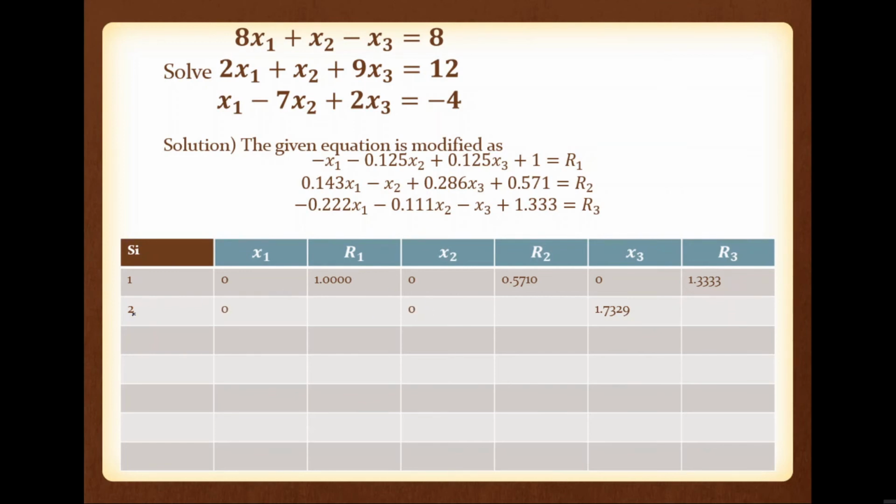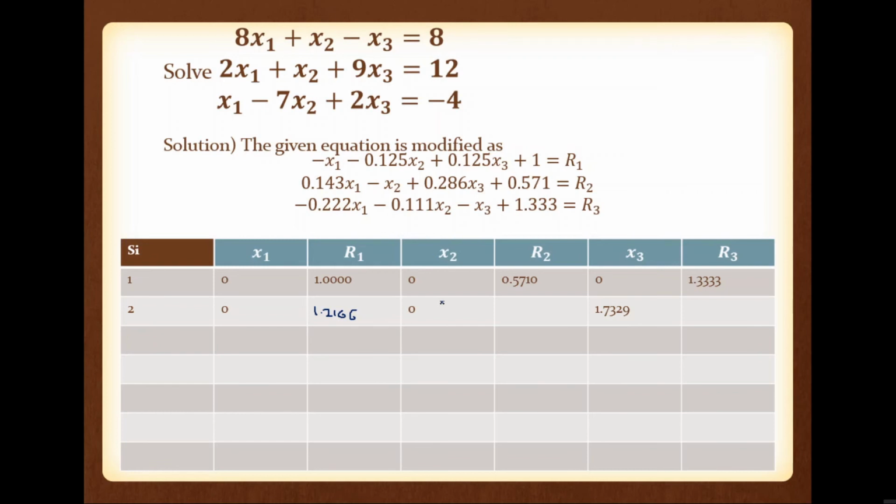So now we are going to start the second iteration. Okay. So during the second iteration, what is the value of R1, R2, R3? If you are substituting 0, 0 and 1.7329, then the first equation, that is R1, is equal to 1.2166: minus 0 plus 0.125 into 1.73, so that is 1.2166.